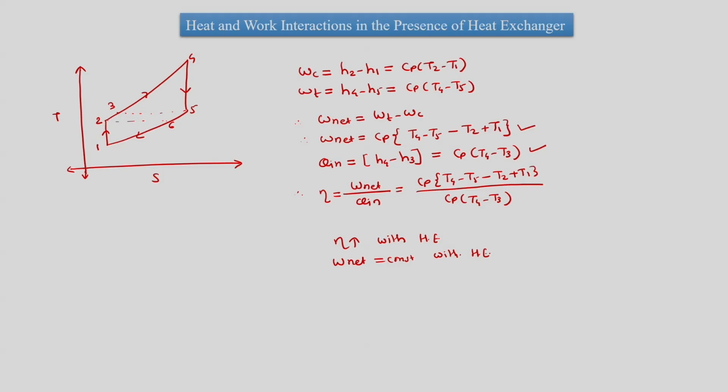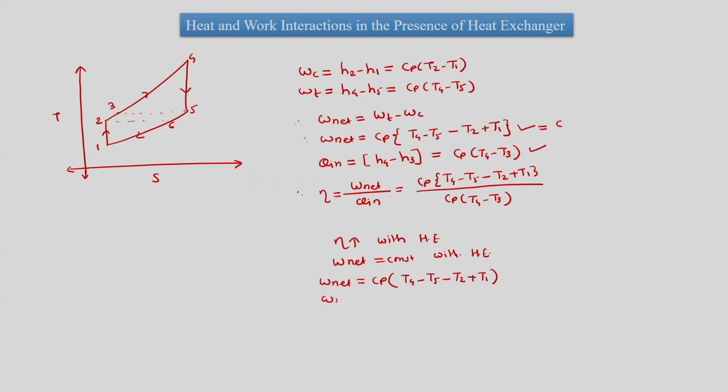Now let us see the same thing in terms of plot. Here we can further simplify the expression for W net, and that can be Cp into T4 minus T5 minus T2 plus T1.